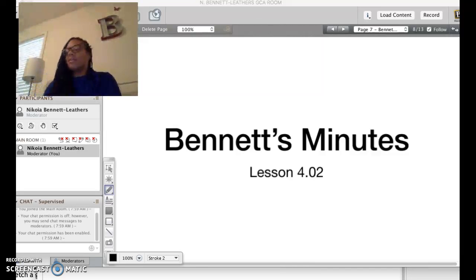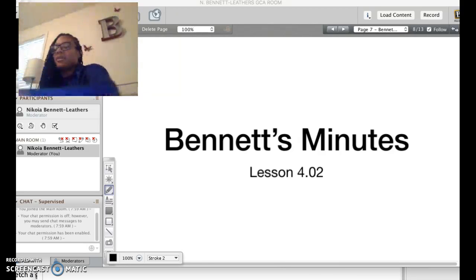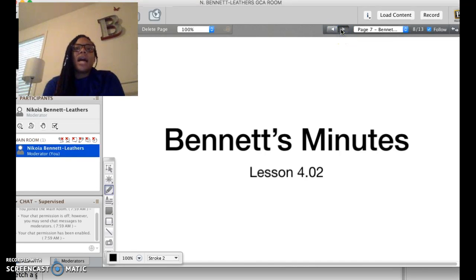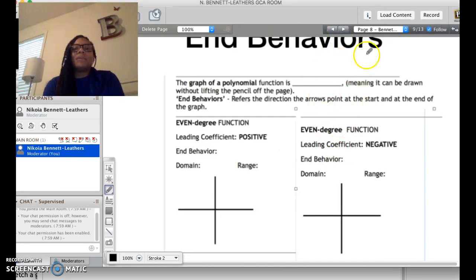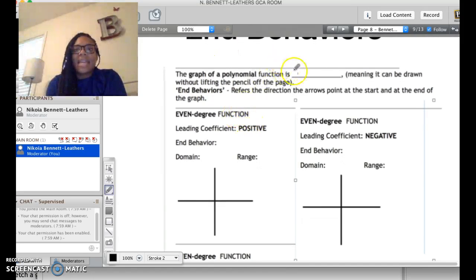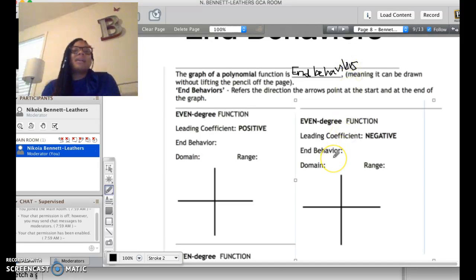And today we're going to talk about 4.02. Let's do a quick little rundown of 4.02. All right. If you remember, we got to a point where we were talking about the end behaviors of a polynomial. What did we find out about the end behaviors?